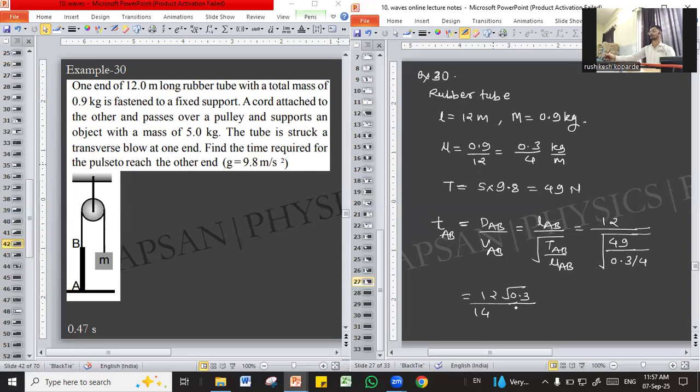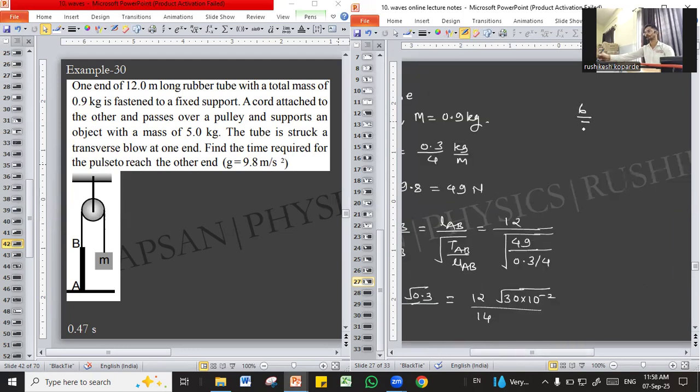You can multiply this by 100. So 12 into 30 into 10 raised to minus 2 upon 14. 12 by 14 is 6 by 7. 10 raised to minus 2 square root is 10 raised to minus 1. And now you will have root of 30.